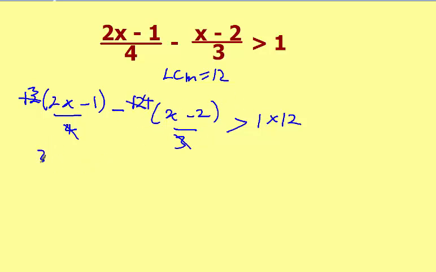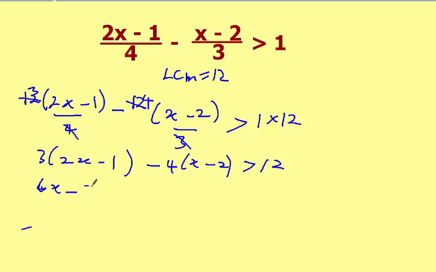So it's going to be 3 bracket 2x minus 1 minus 4 bracket x minus 2 greater than 12. Good. So to remove the bracket is going to give us 6x minus 3 minus 4x plus 8 greater or equal to 12.